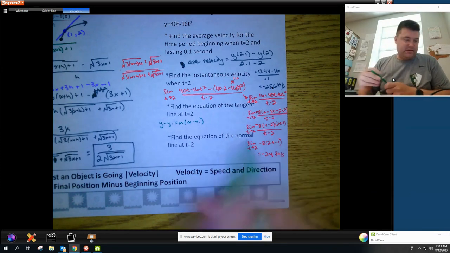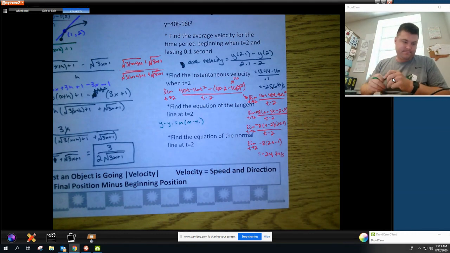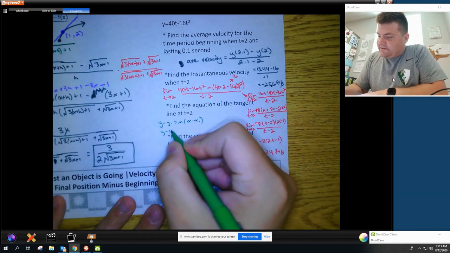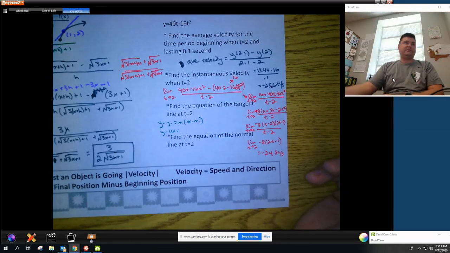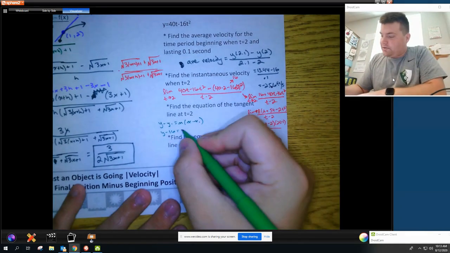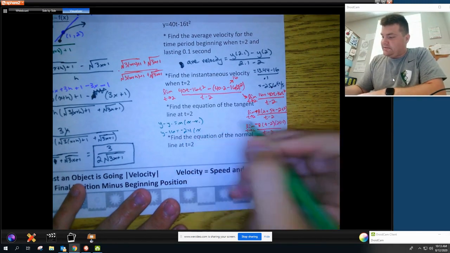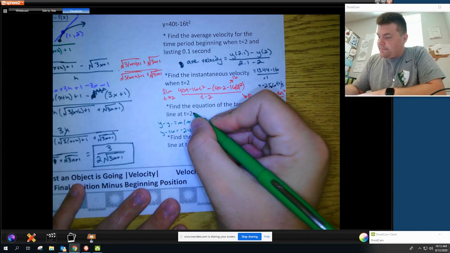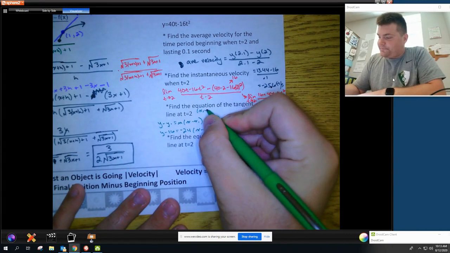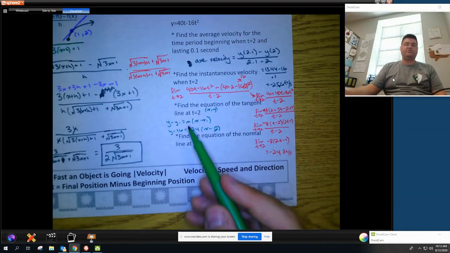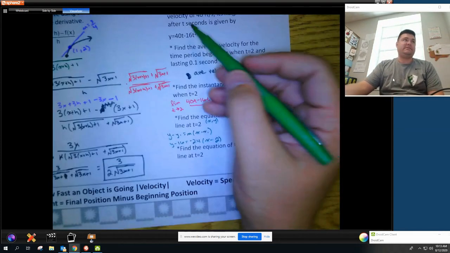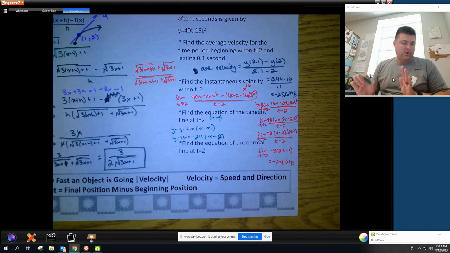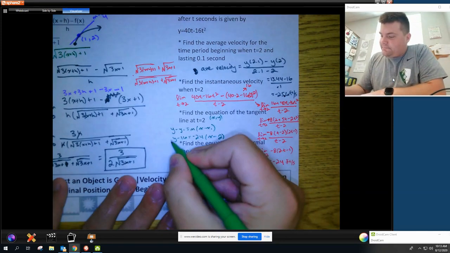So I'm going to get y minus 16 equals the slope, which is negative 24, times x minus 2, because I'm really doing x comma y coordinates. Okay, so I got 2 comma 16 by plugging it back into there. That's it. That's all you need to do, nothing else.